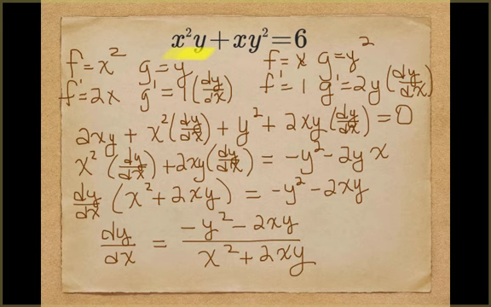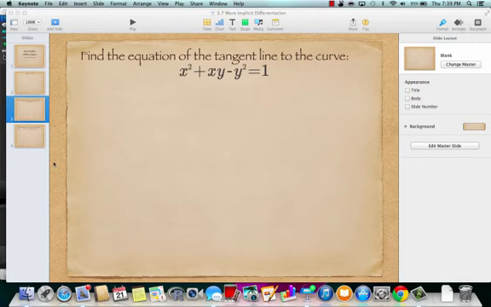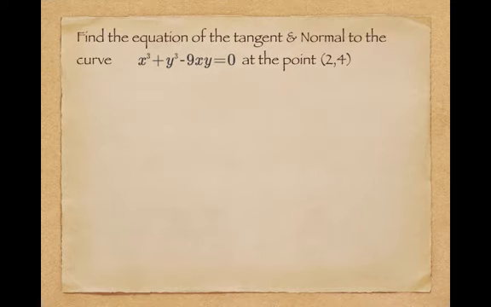Okay, so let's try one more before we finish for today. Find the equation of the tangent and the normal to the curve x cubed plus y cubed minus 9xy equals 0 at the point 2, 4. So the very first thing we have to do, of course, is to find the derivative of x cubed plus y cubed minus 9xy.